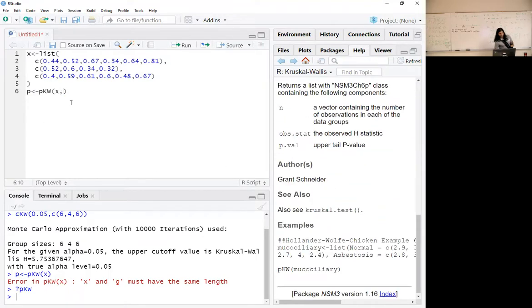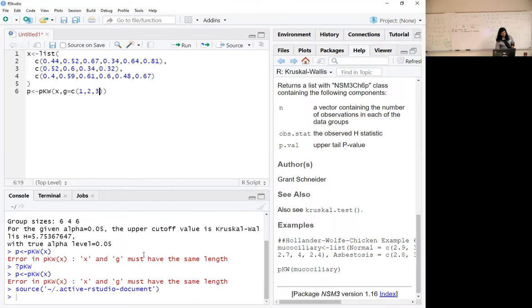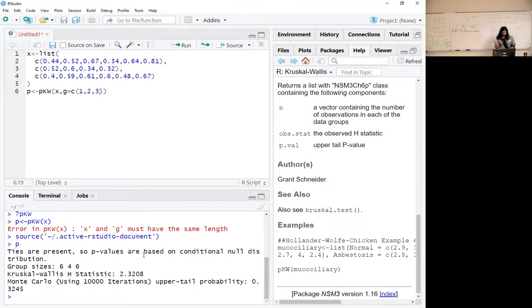To find the p-value, that's odd. This worked last time. It just wants you to specify the group label.